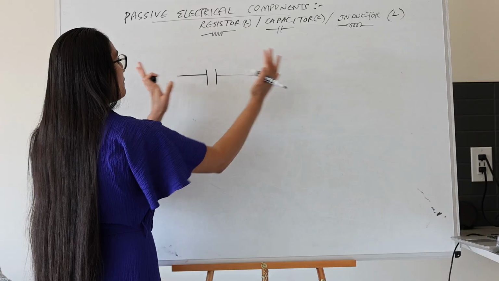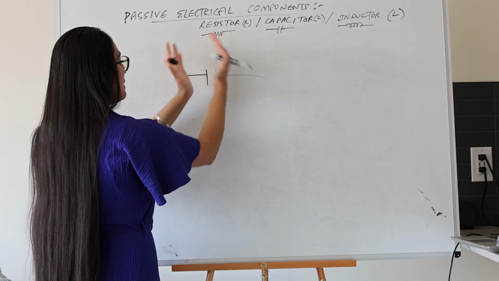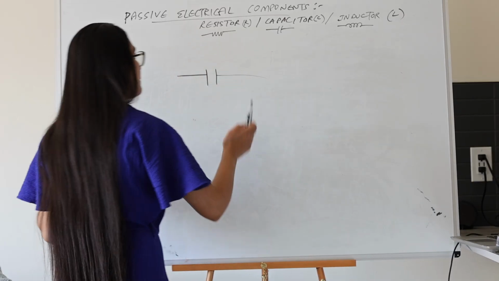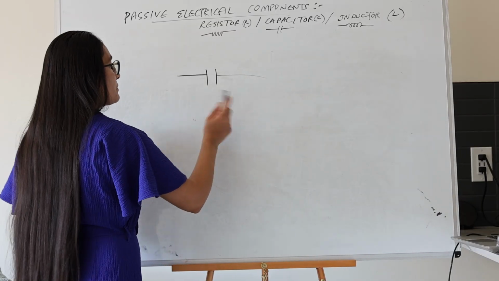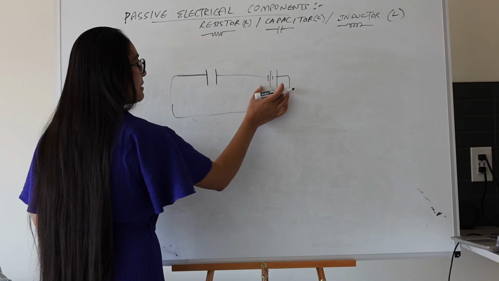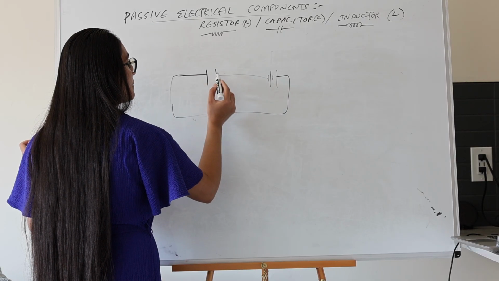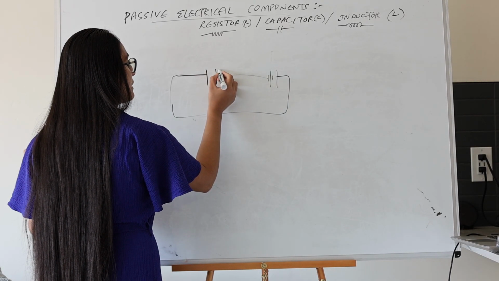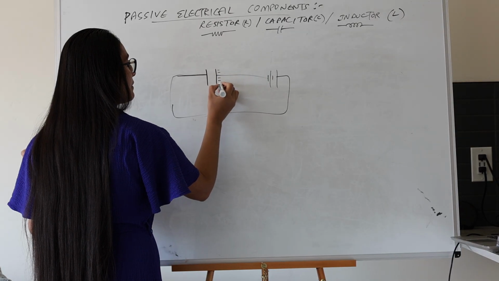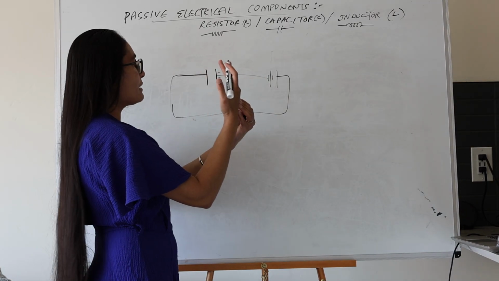When an electric field is applied around this capacitor, the electrons are going to move. I just applied a potential difference. The electrons are going to move from here and then build up on this side of the plate.